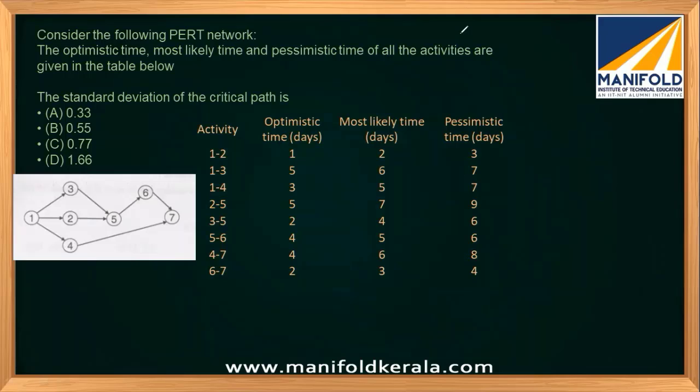Expected time TE equals TP plus TO plus 4 times TM divided by 6. So let's find TE. 4 times 2 is 8, 8 plus 1 is 9, plus 3 is 12. 12 divided by 6 is 2.